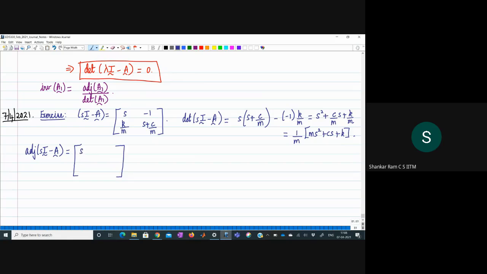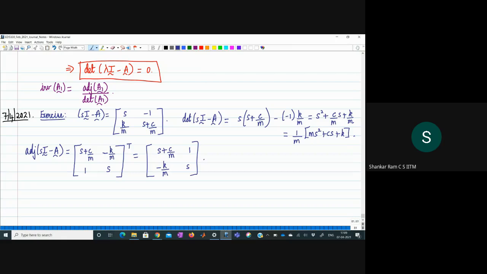So s is swapped with s plus C by M, minus 1 is swapped with minus K by M. We need to change the sign of these off diagonal terms, so K by M gets replaced with plus 1, and s plus C by M gets replaced with s. Then we take the transpose, interchanging the rows and columns. So we get s plus C by M, 1, minus K by M, and s.